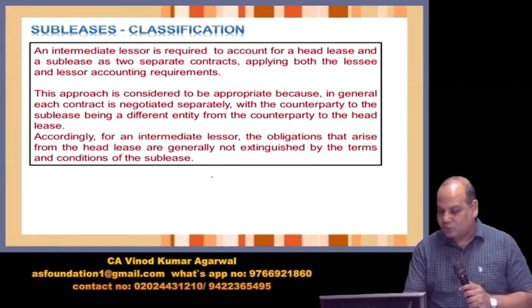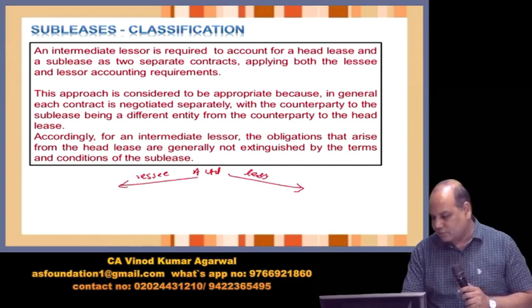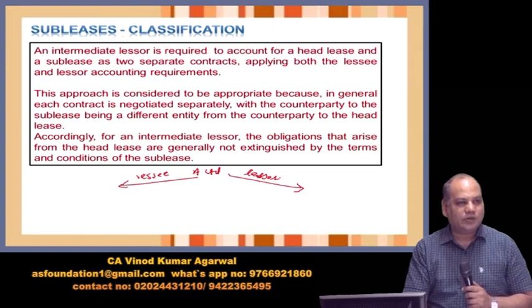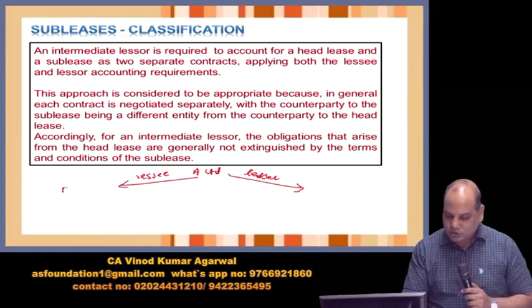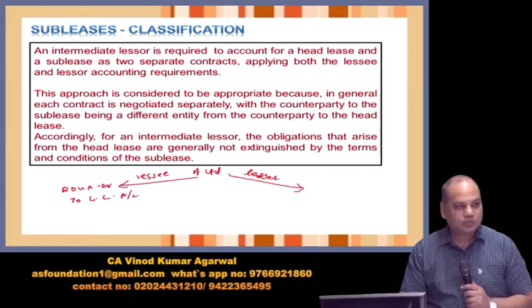So dear student, you must have understood by now that A Limited will have to do two accounting. One as a lessee and one as a lessor. As a lessee, there is only one accounting system. Which is that accounting system? Right of use asset account debit to lease liability account.